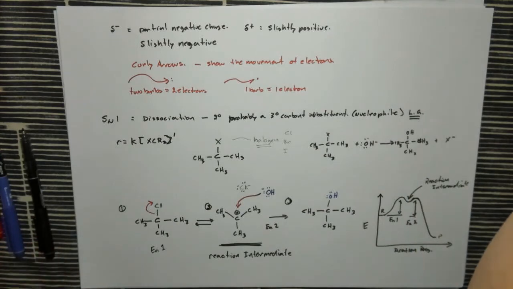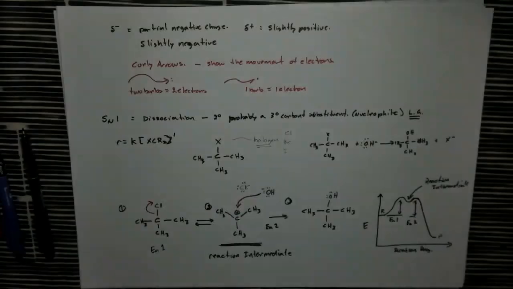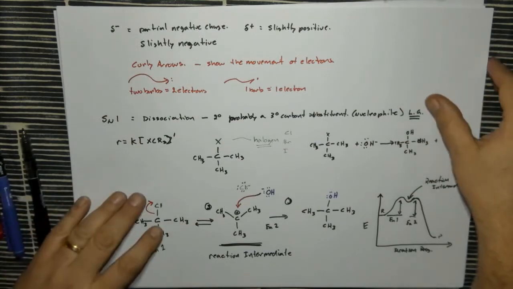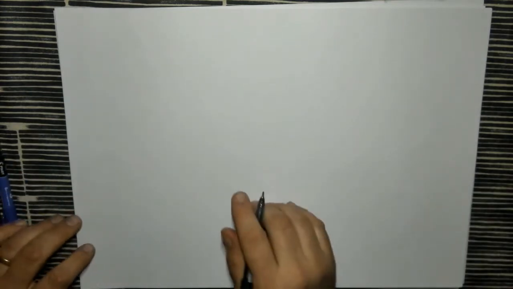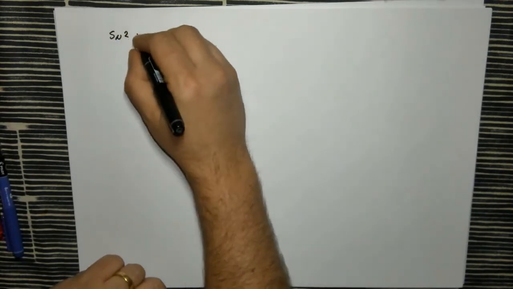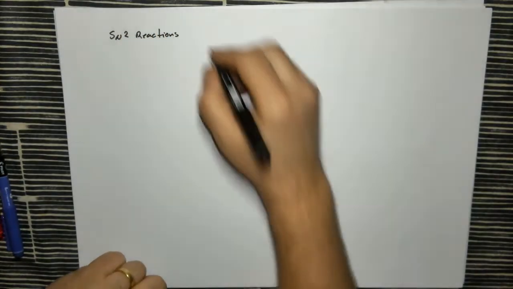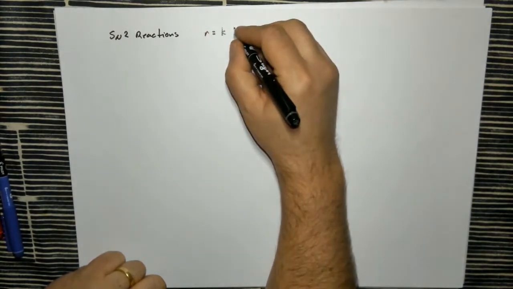Then if we move on and look at the SN2 reaction, which is a bimolecular nucleophilic substitution, we can look at that really quickly. We have most of the concepts we need to go through this relatively quickly. So let's look at an SN2 reaction. You can also represent SN2 reactions with a kinetic expression.